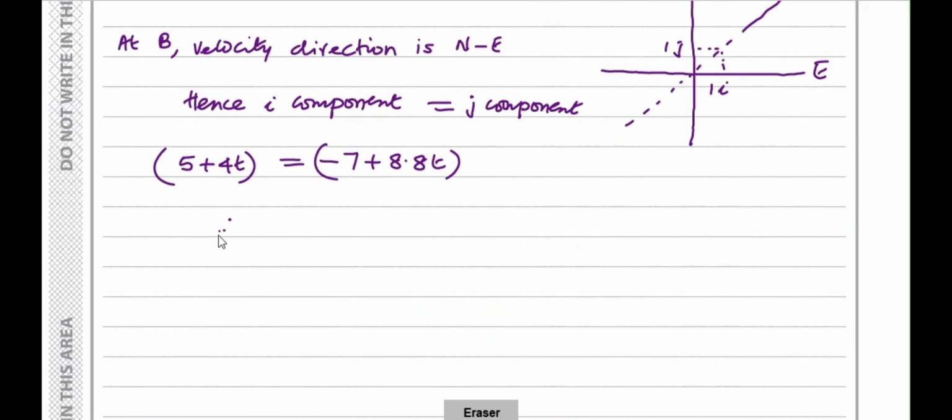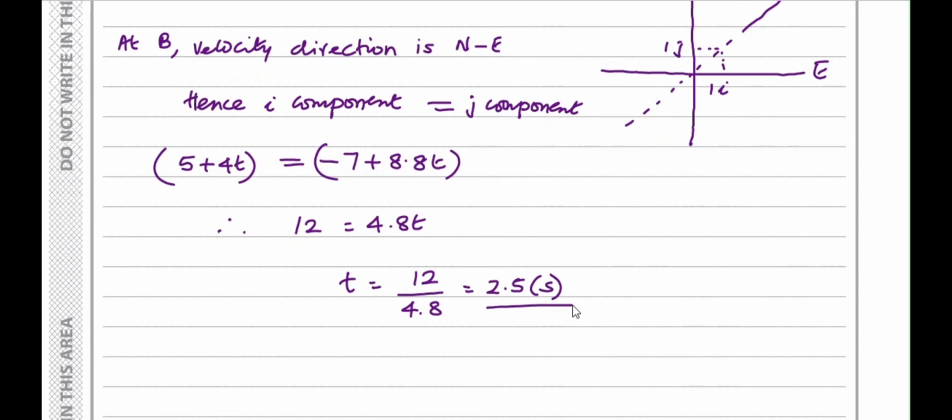Therefore, 12 is equal to 4.8t, leading to t equal to 12 over 4.8. Putting into the calculator, we get 2.5 seconds. Perfect. That's the time of reaching B.